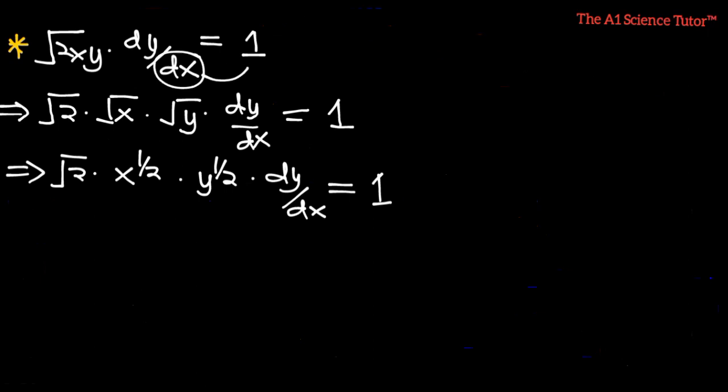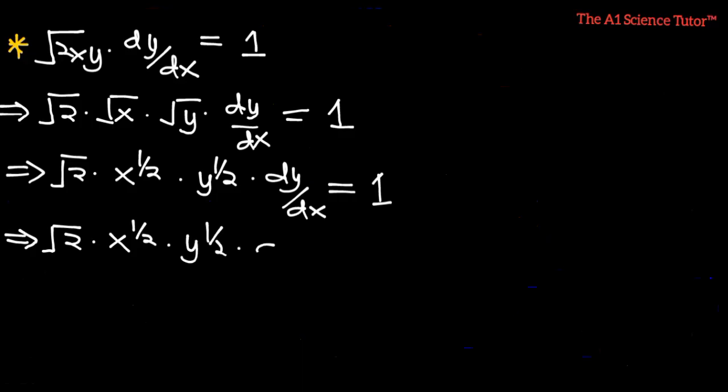That was just a misstep, but it doesn't really make any difference. So this is the same thing. Now I'm going to have x raised to the power of 1 over 2, and here we have y raised to the power of 1 over 2, dy. Now if I multiply dx by 1, that is going to give me 1 dx.